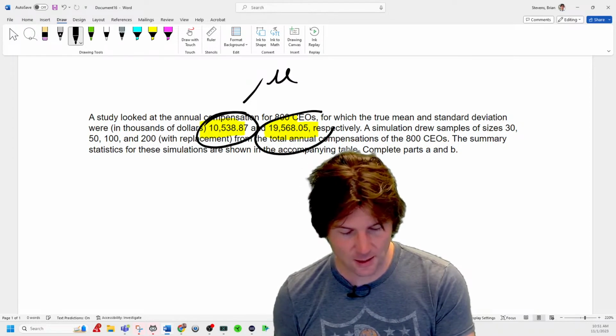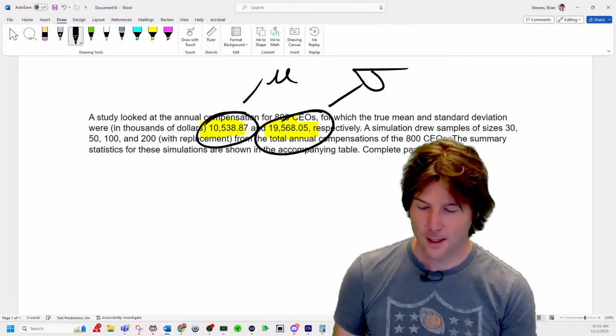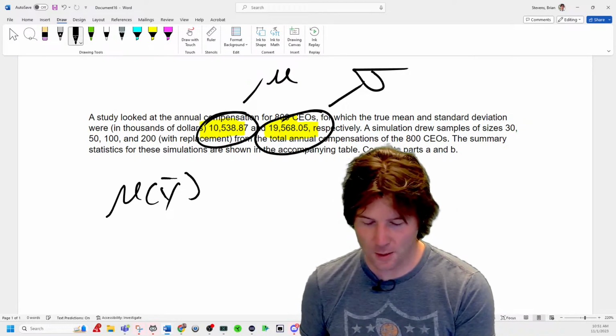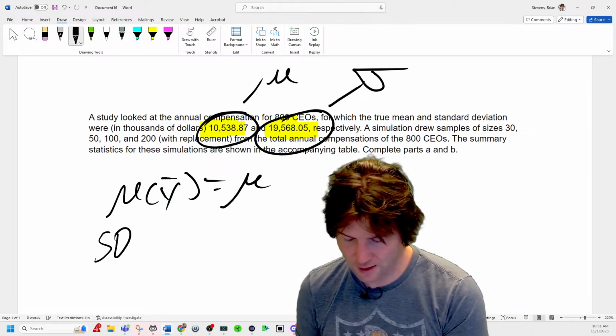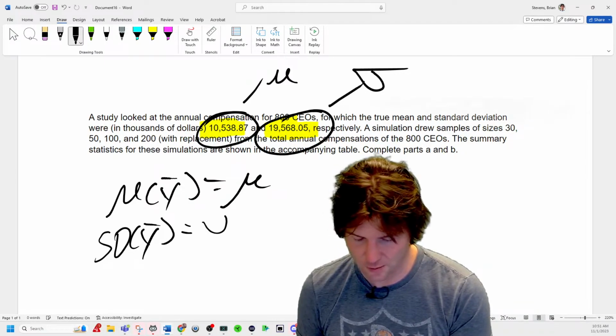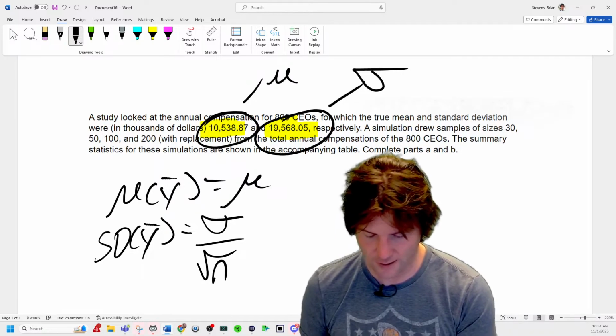There's the mean and there's the standard deviation. We know mu y bar equals mu, so we've solved all those. And the standard deviation of the sample mean is equal to sigma over square root of n.